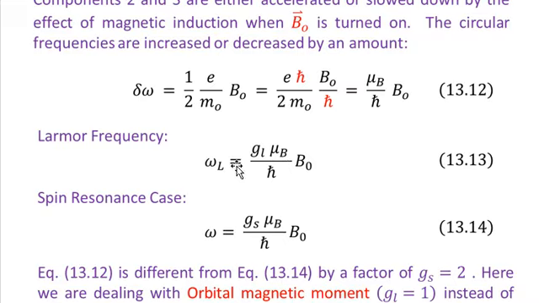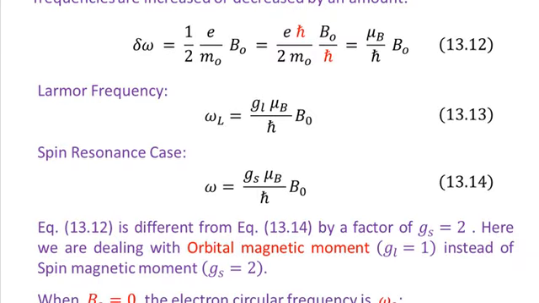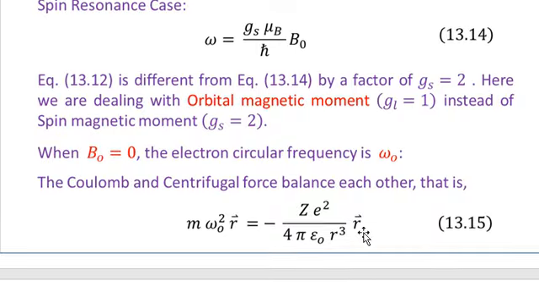In the previous lecture, we have also observed that G L has a value equal to 1. So if you put G L equal to 1, you can see that the precessional motion of the angular momentum of the electron about the applied magnetic field B naught is equal to the shift of the frequency of the other two components, which are the shifted components. Equation 13 differs from equation 14 by a factor of G s equal to 2, so ignore that statement and equation 14, because they may confuse you.